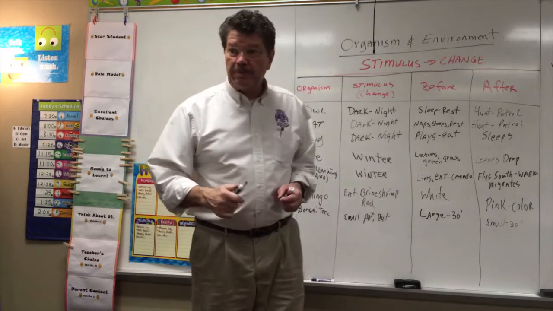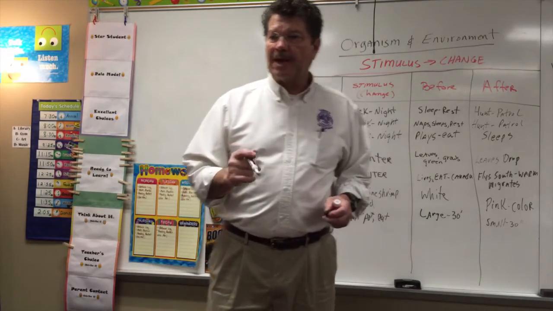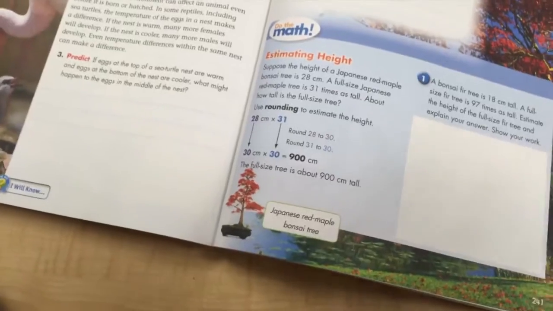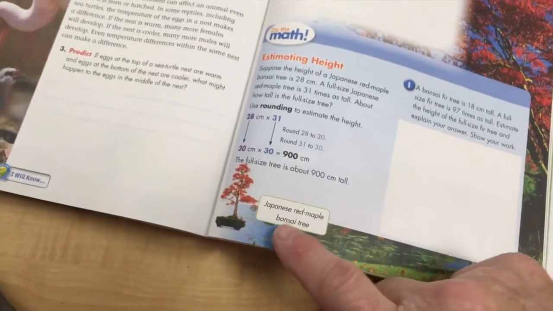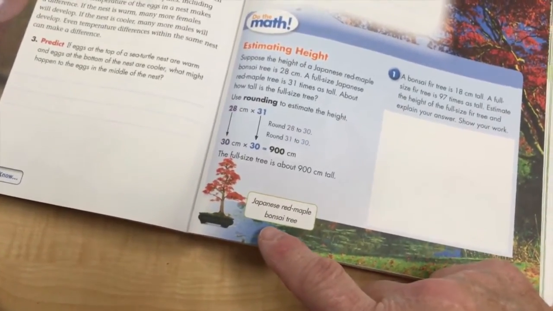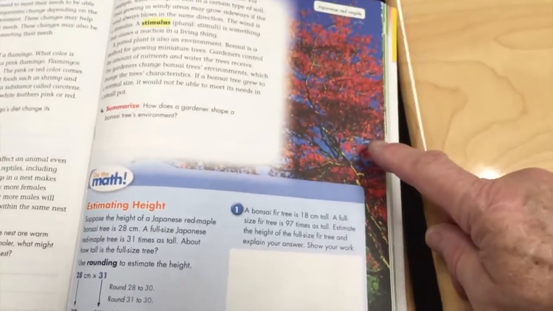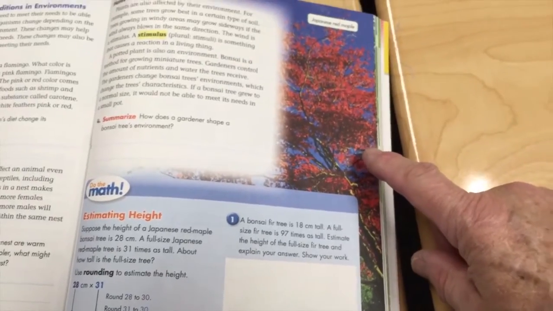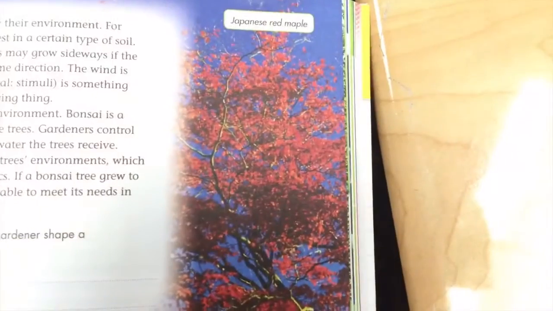There's a picture in your book of it on the right side there, down at the bottom. So here's a picture of a small bonsai tree, a Japanese red maple one, and there's a picture of what they usually get. A Japanese red maple usually gets really tall. So you can see the difference between the stimulus.